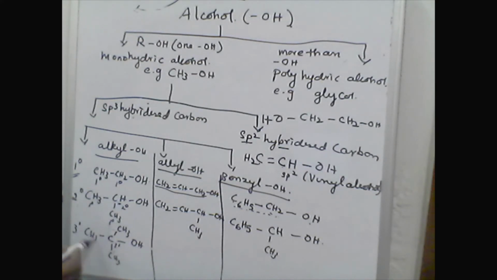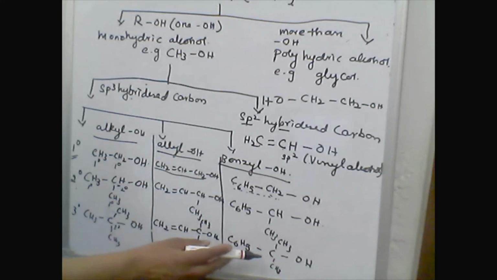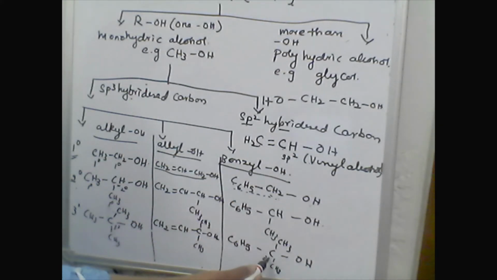The remaining CH3 groups are primary. Similarly, the secondary can again be converted to tertiary, and the other carbons can be changed too. You can see this is secondary and this is tertiary carbon. So this is how we can segregate the hydroxy compounds.